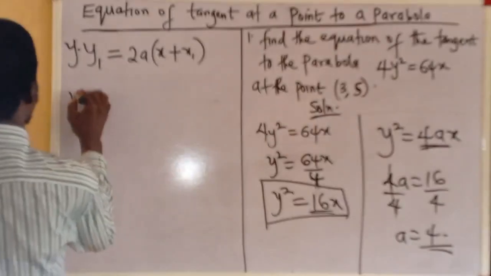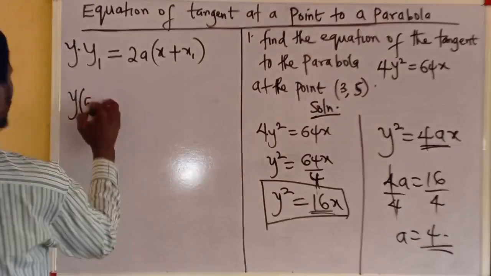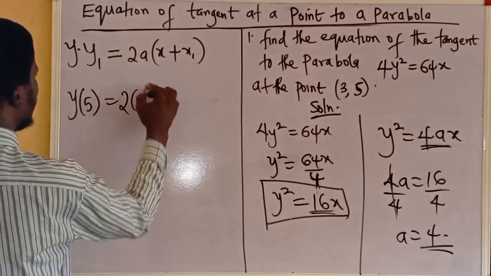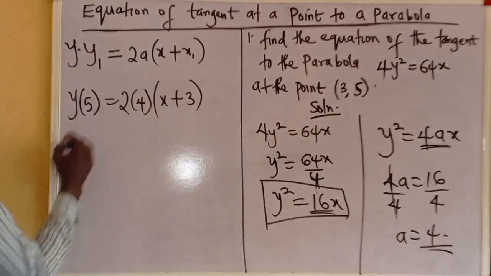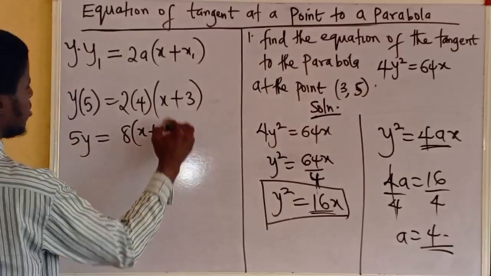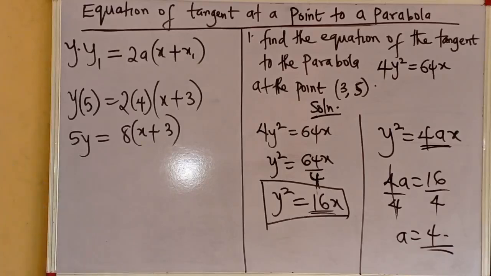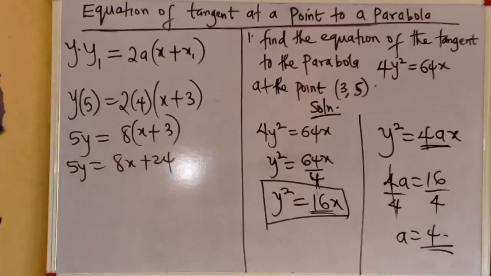That means we have y times y1, which is 5, equals 2 times 4, times (x plus x1), where x1 is 3. So 5y is equal to 8 times (x plus 3). So this is 5y equals 8x plus 24.